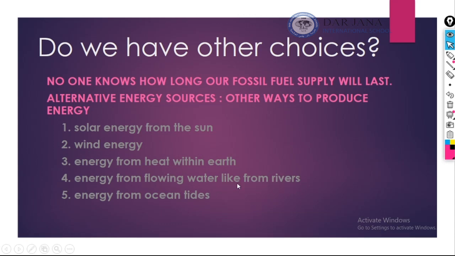Today we are using water to make electricity. Energy from the ocean tides. So all these ways are used as alternative energy sources instead of the non-renewable ones that will not remain forever. All these are renewable resources that could be replaced or recovered easily.